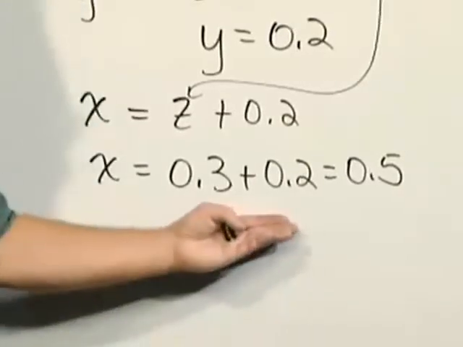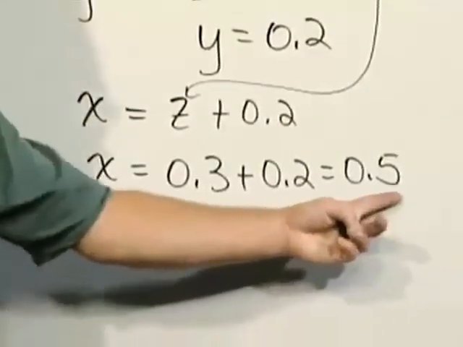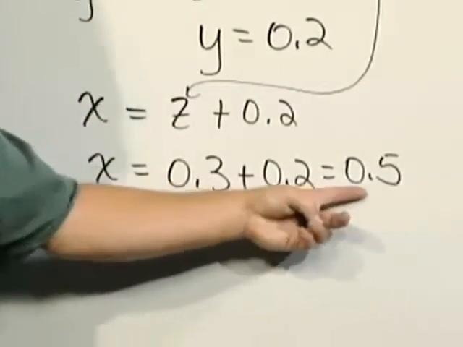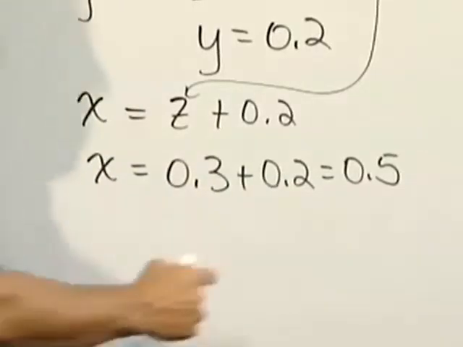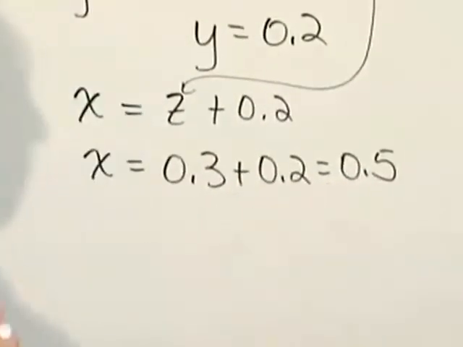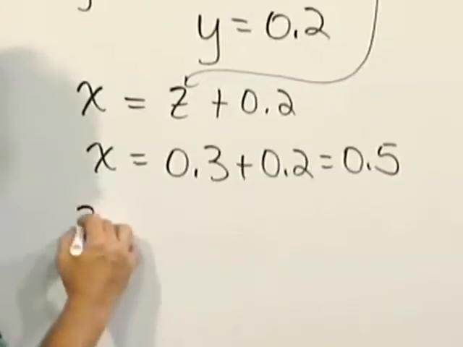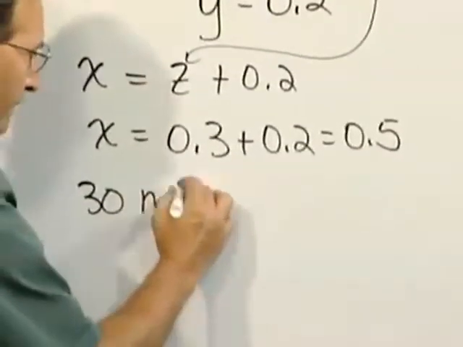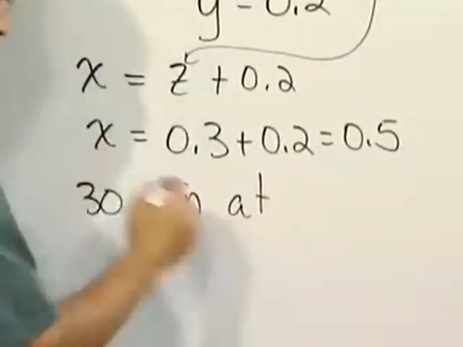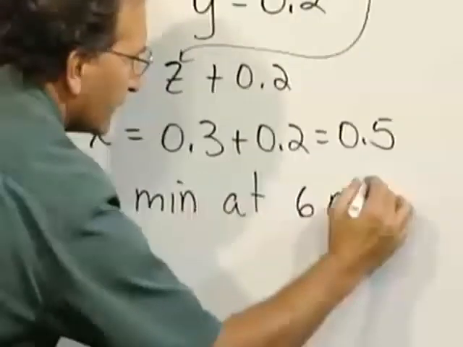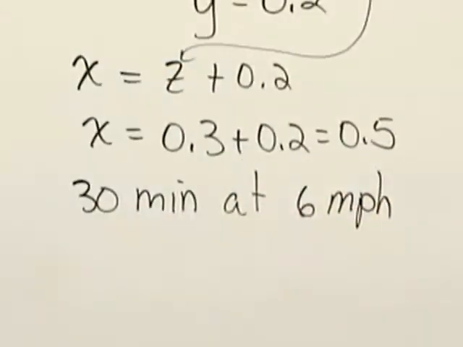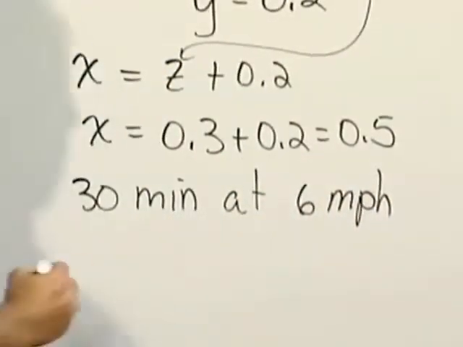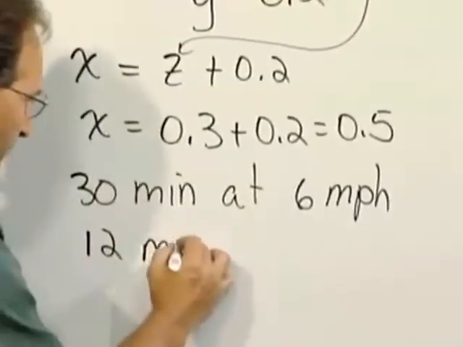Now, what we have is all of our answers in decimal form, which is a fraction of an hour. So we need to convert these. x equaling half an hour means 30 minutes at, remember, x was at 6 miles per hour. y is equal to 2/10, and so that's 12 minutes.